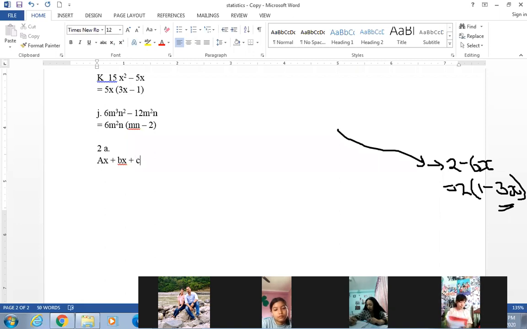Tell me what is common in all these three numbers? तीन टाइम में क्या common है? A is not common. X is common in all these three numbers. Can you see x as common in all three numbers? Okay, x is common.